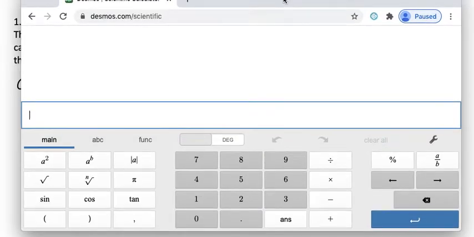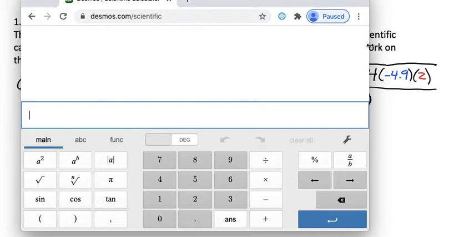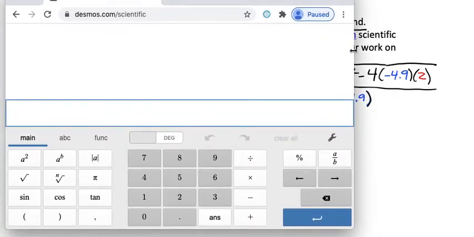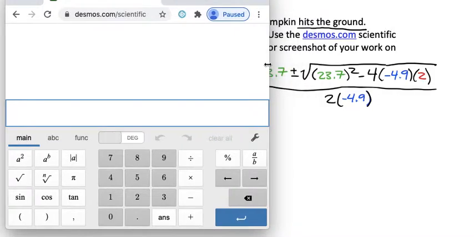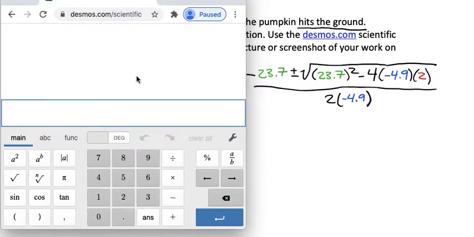It's much easier to use than most of the calculators that you have on your phone, and even better than a TI-83 graphing calculator. So what we're going to do here is enter our quadratic formula that we wrote out over here. So we have negative 23.7.